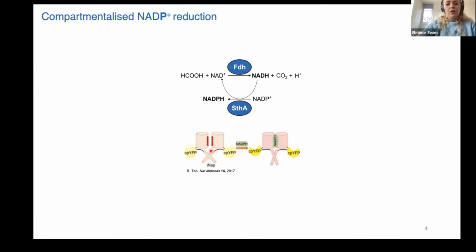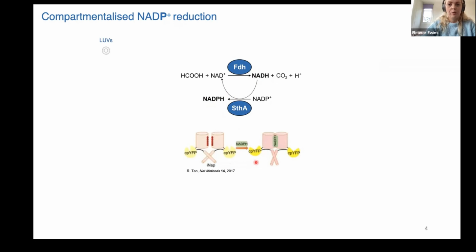And in order to visualize the formation of NADPH, we actually utilized a protein sensor, which was specific, or mostly specific for this cofactor, as fluorescently these two molecules are indistinguishable. So this allows us to see that NADPH is being formed.